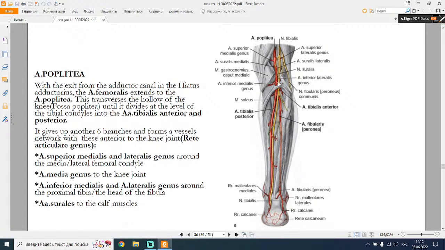And next, arteria media genus to the knee joint.